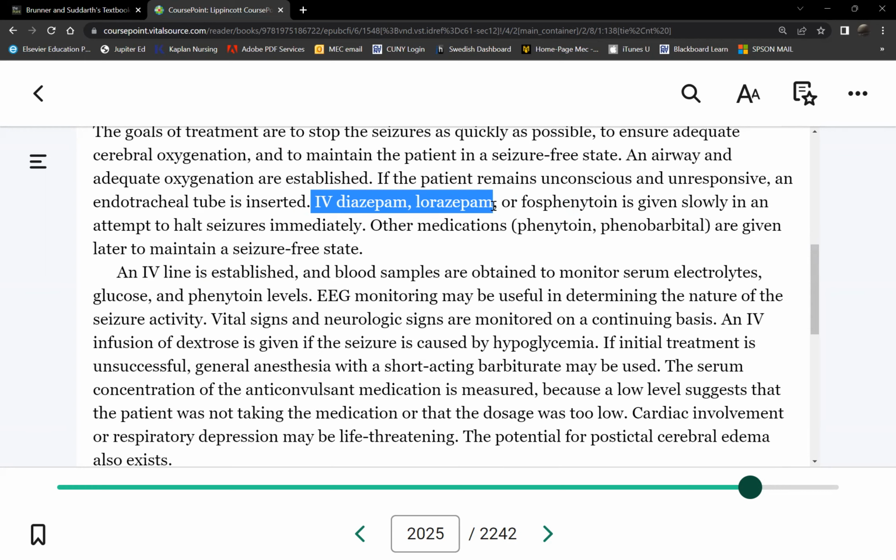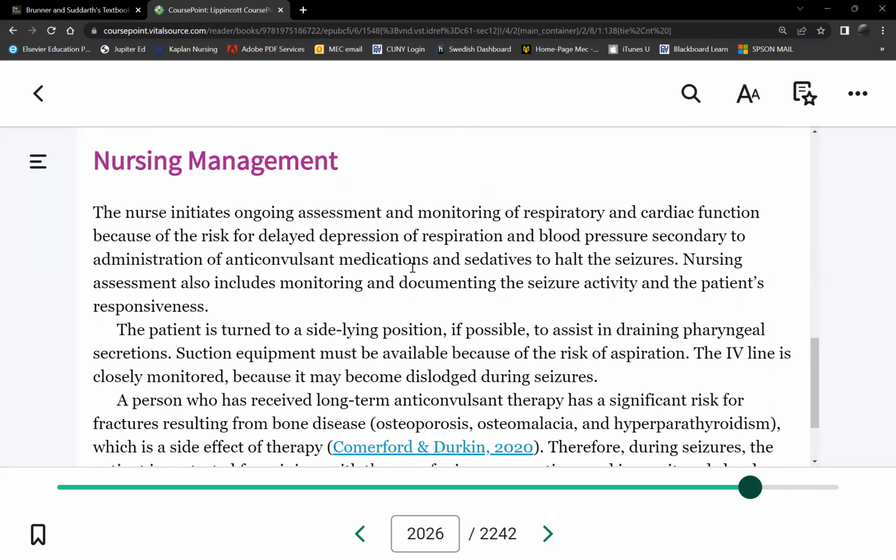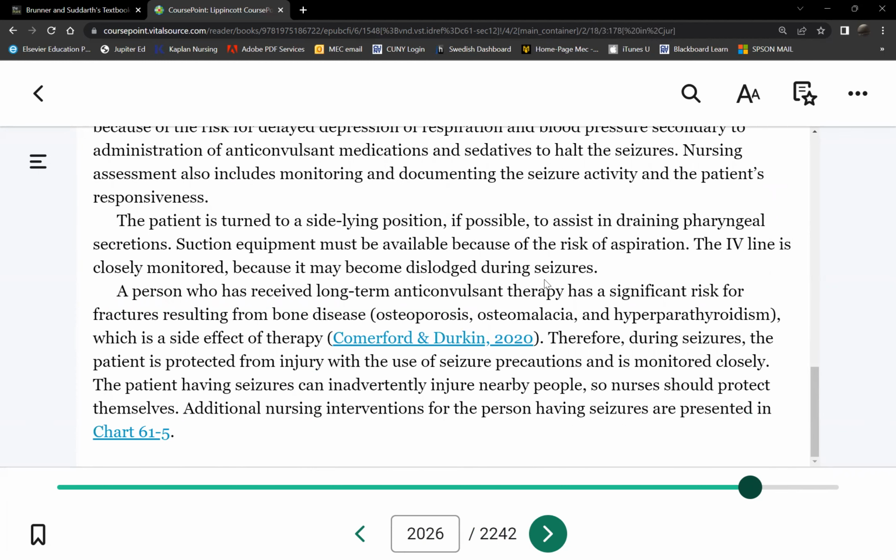That's why we need an IV access. All patients on seizure precautions must have IV access. And the rest is the chart we saw earlier about what to do during and after the seizure, your nursing responsibilities about maintaining safety. Any questions on seizures and epilepsy?